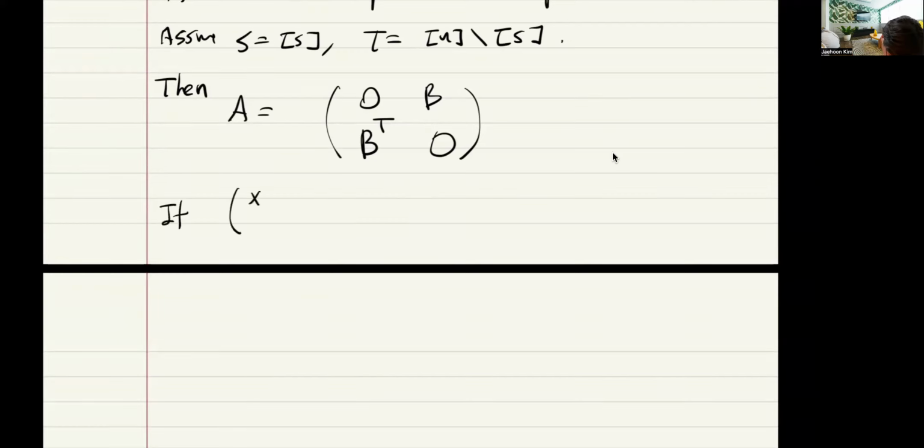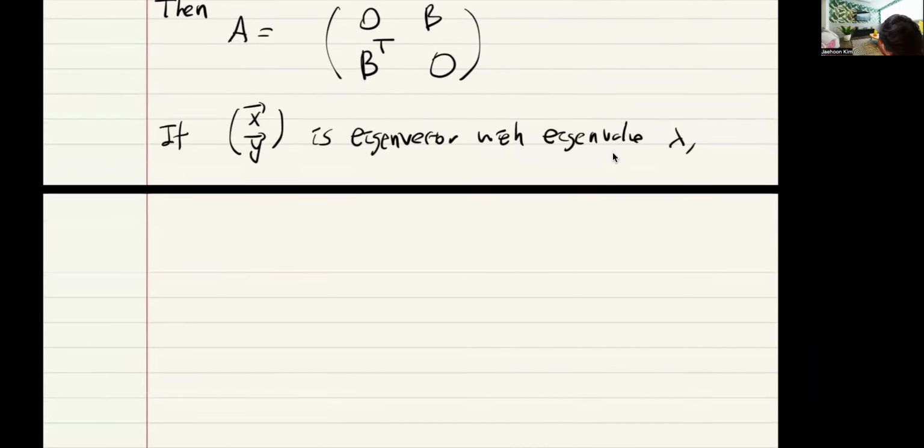If you have an eigenvector with eigenvalue lambda, then what happens?